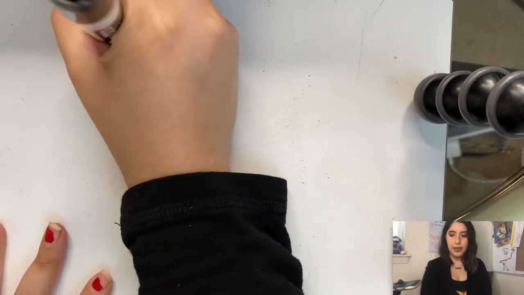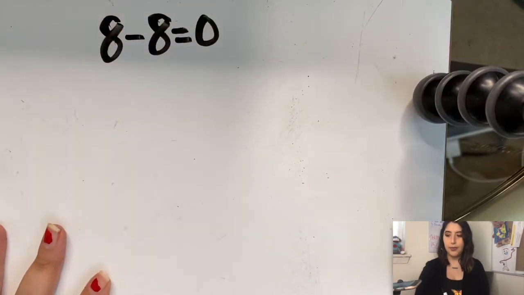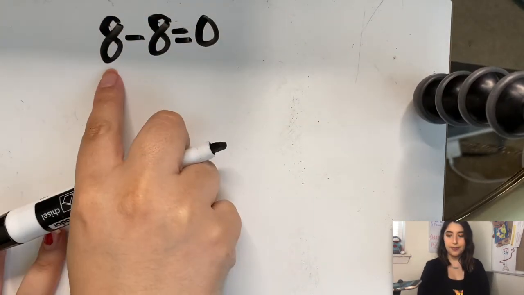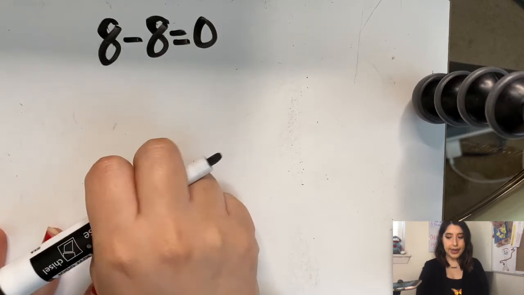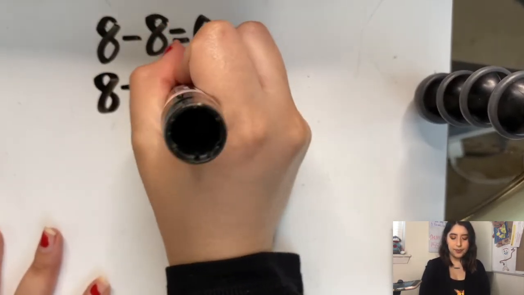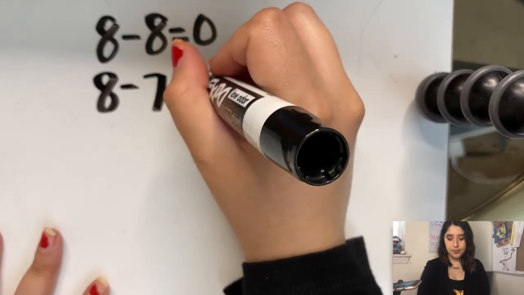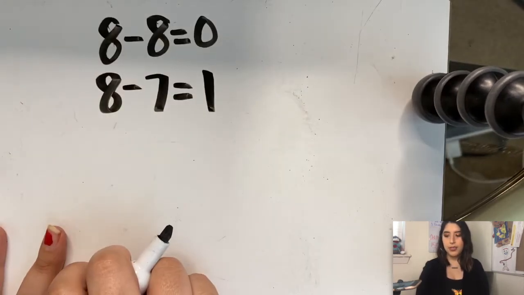Starting with 8 minus 8 equals 0. Read it. 8 minus 8 equals 0. Read this one to me.